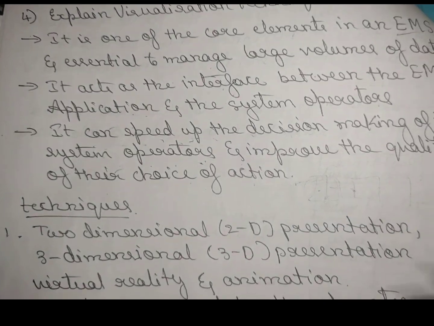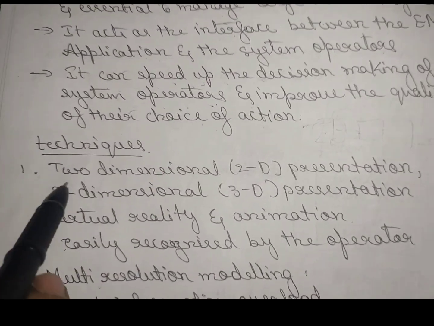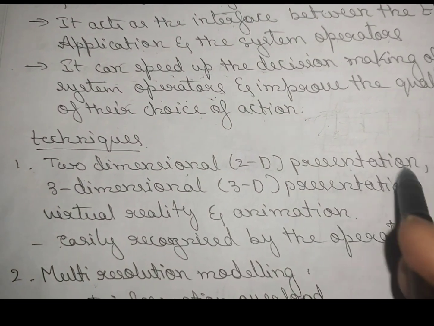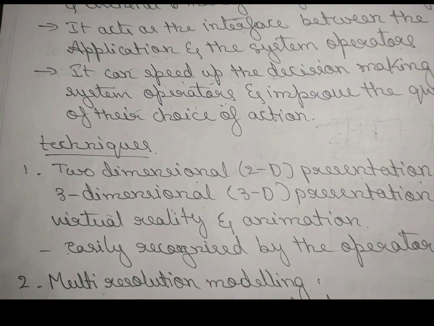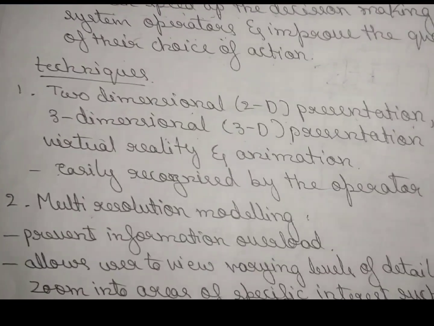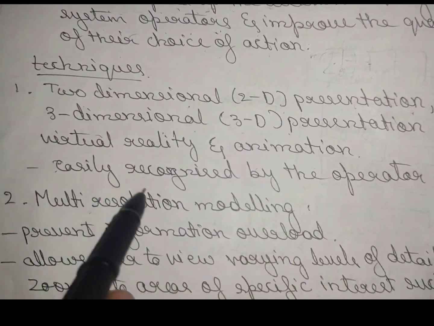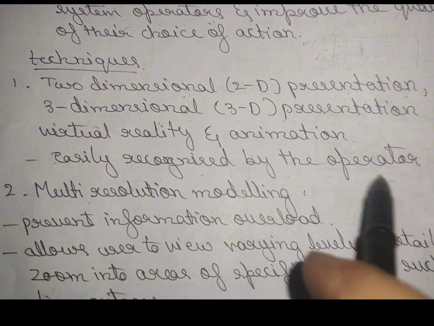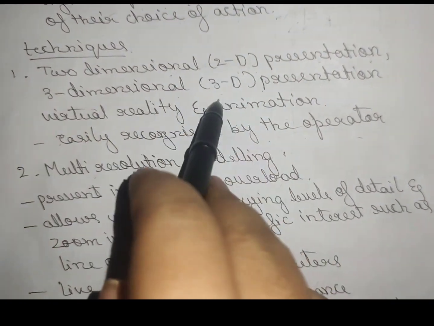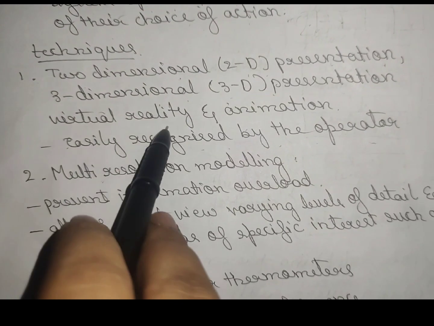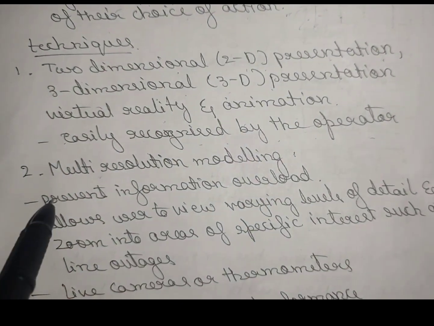So it can speed up the decision making of the system operators and improve the quality of their choice of action. Here the techniques are two-dimensional 2D presentation, three-dimensional 3D presentation, virtual reality and animation, easily recognized by the operator. So we have already come across 2D and 3D presentation, virtual reality and animation also.